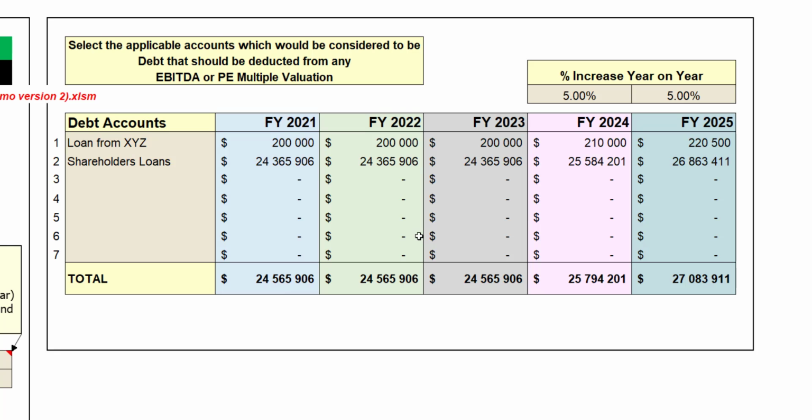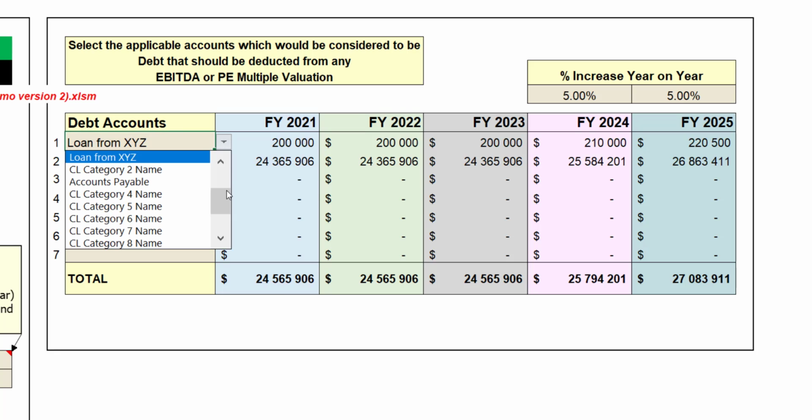Because with all valuations, debt is normally deducted from the valuation model in order to get a true picture of it. Accessing these accounts is a drop-down list where you can select any one of your liability accounts that come up there.